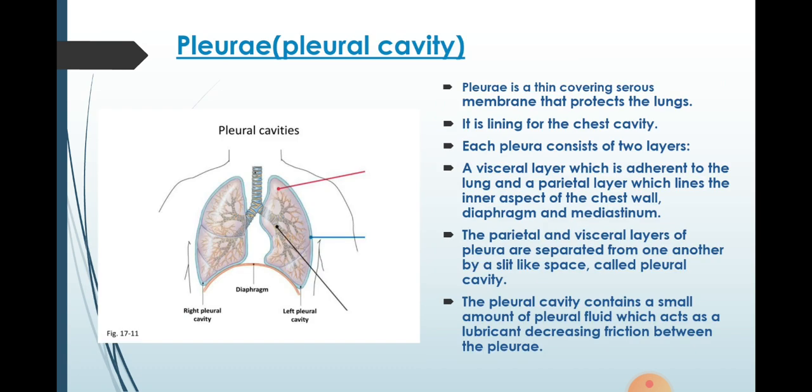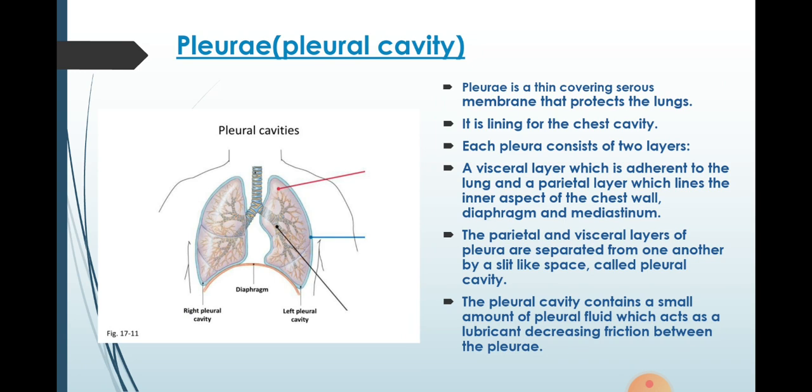Pleura. Pleura is a thin covering serous membrane that protects the lung. It is the lining for the chest cavity. Each pleura consists of two layers, the visceral layer and the parietal layer. The visceral layer is adherent to the lungs, and the parietal layer lines the inner aspect of the chest wall, diaphragm, and mediastinum.